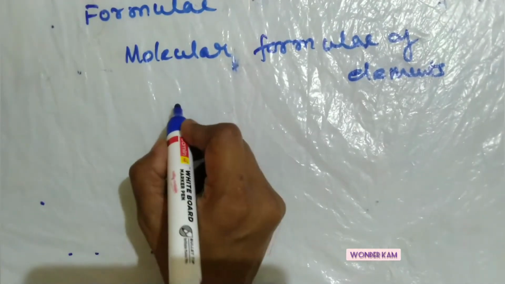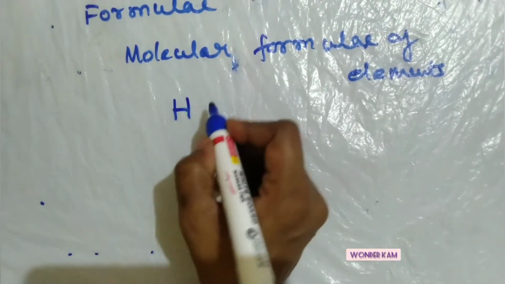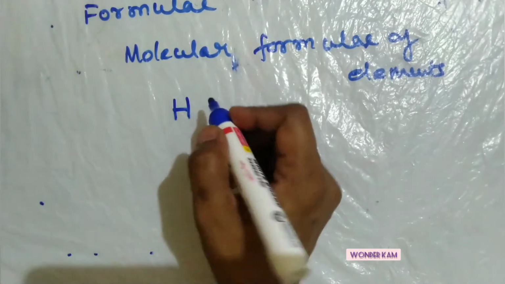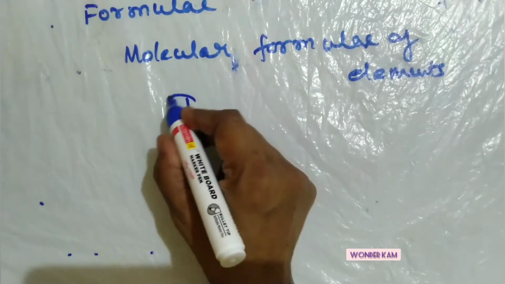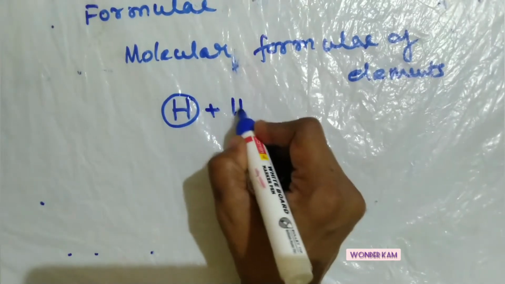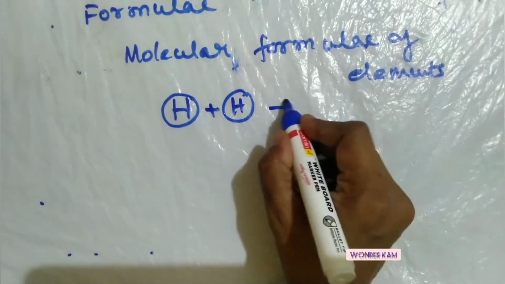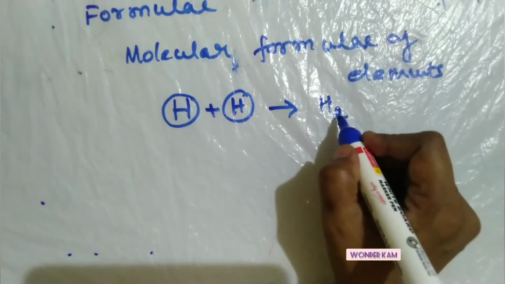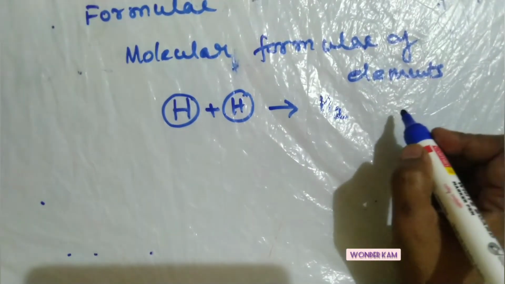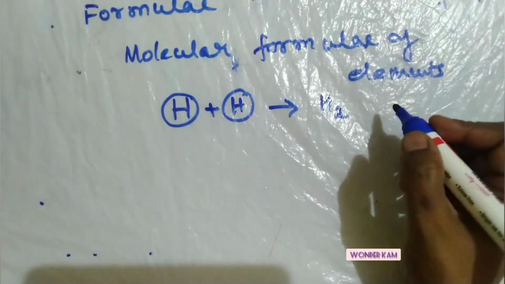Suppose we take hydrogen. Some gases can't remain as atoms independently, so they combine with another atom to form a molecule. They exist in molecular form. So H2 remains as a molecule, not as H in atomic form.